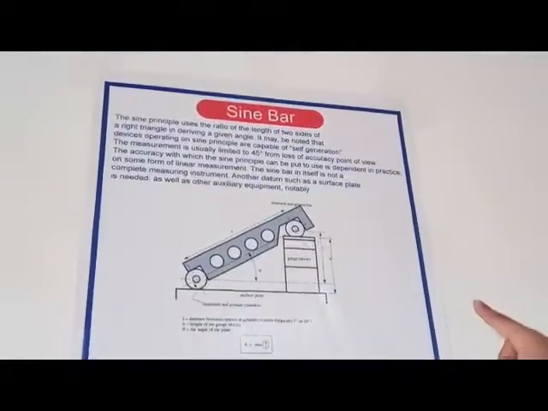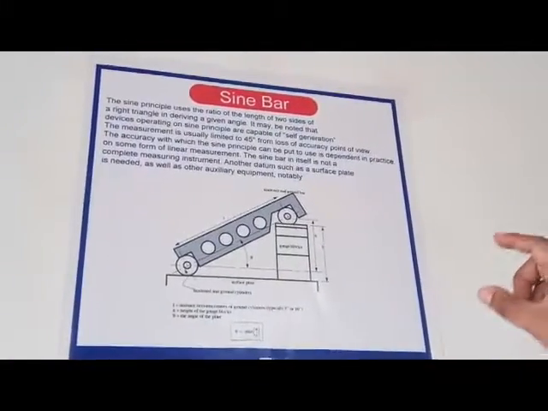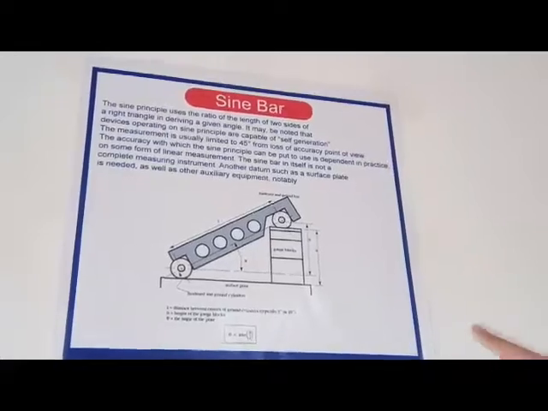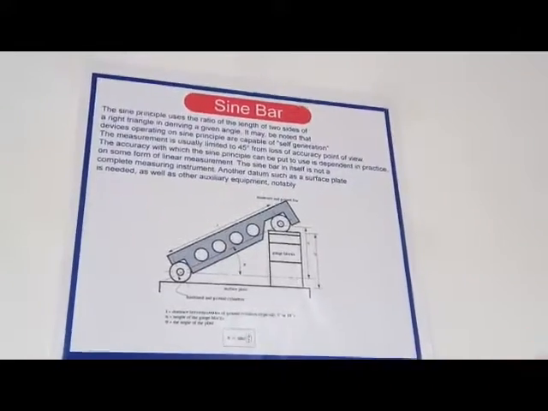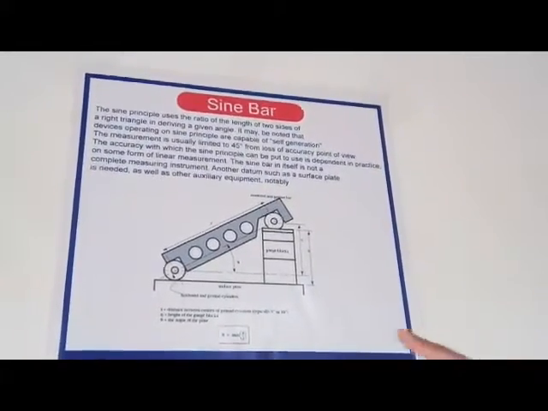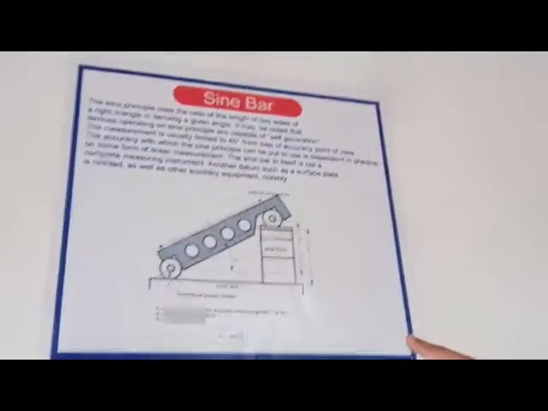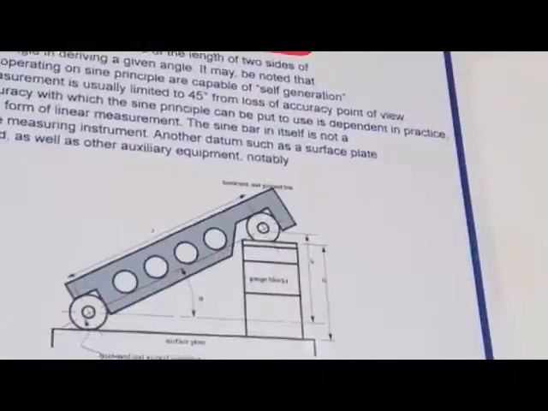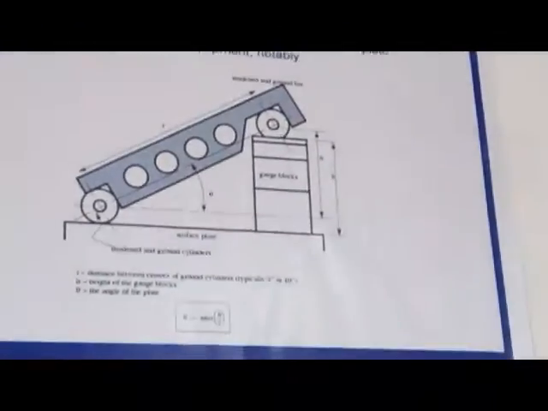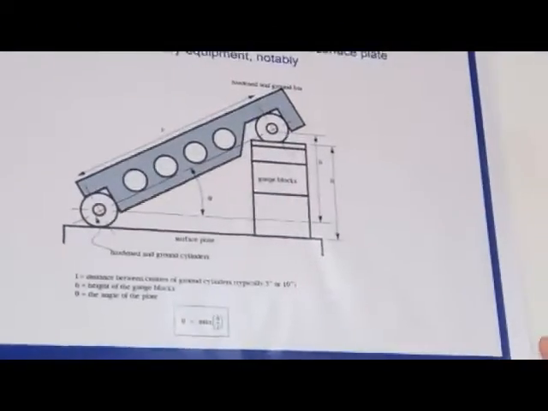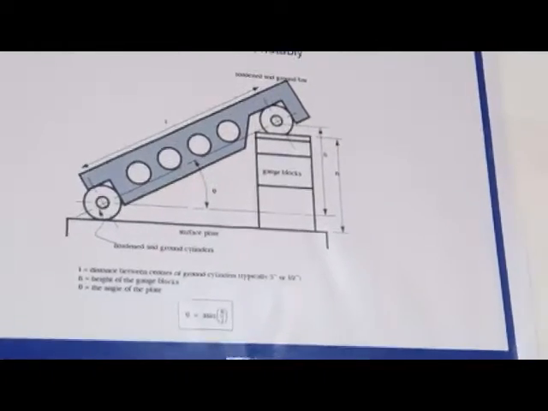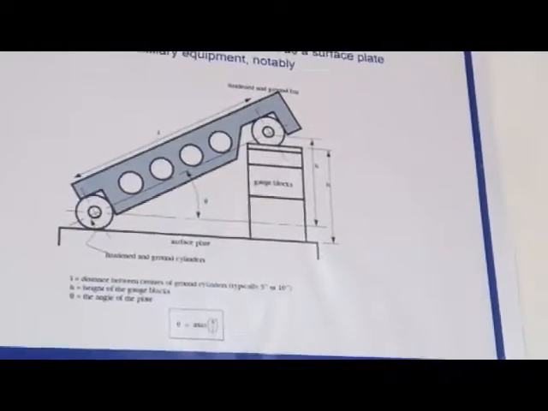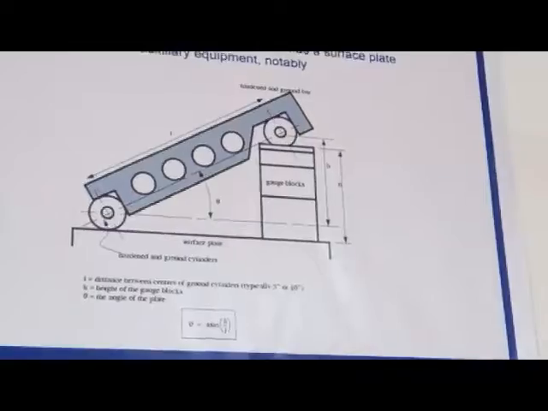Then h, small h, will be made by the number of slip gauges used together, and we will make a calculation using the formula. L is equal to the distance between centers of ground cylinders, h is equal to the height of the gauge block, and theta is equal to the angle that we want to find out. Therefore, sine theta is equal to h by L, that will give us theta is equal to sine inverse of h by L.